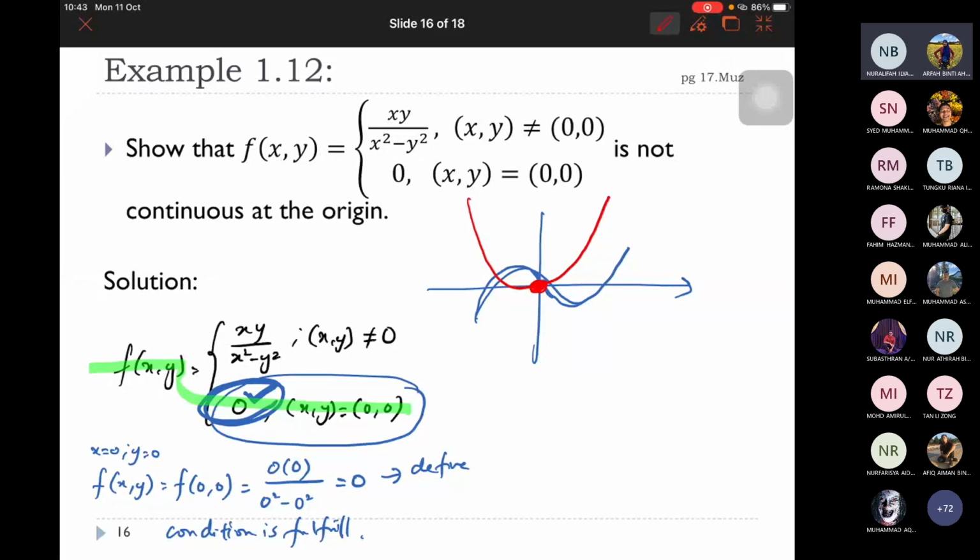Something like that. Because we are dealing with function yang mana kita boleh draw sebenarnya. Okay, bagus soalan. Siapa nama? Muhammad apa, tak nampak lah. Zahid? Bukan. Zainal? Bukan.